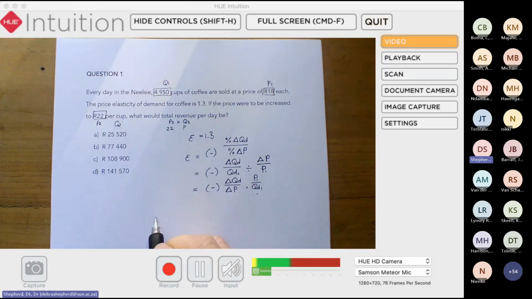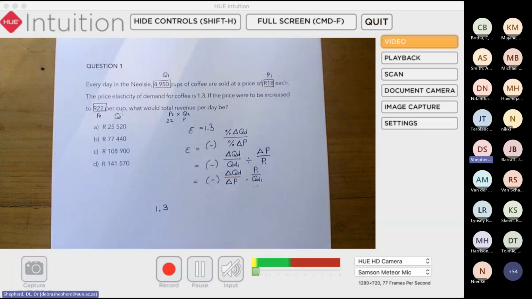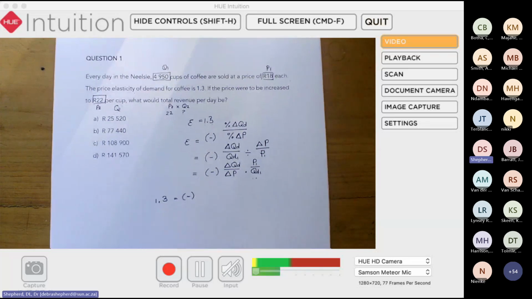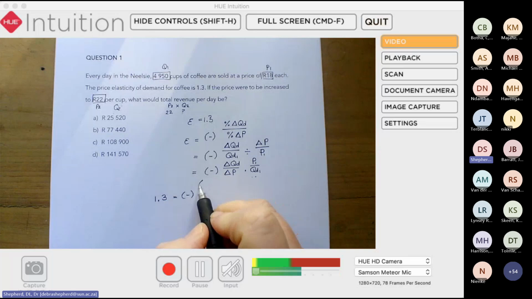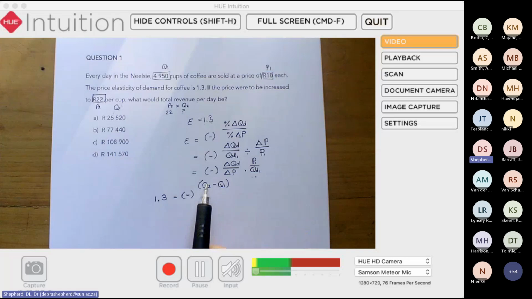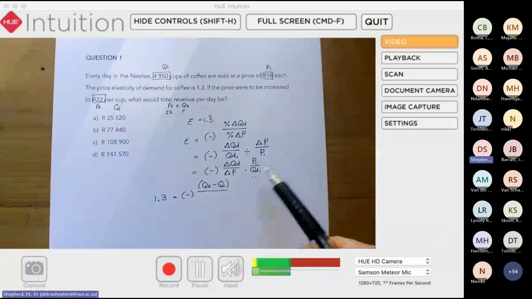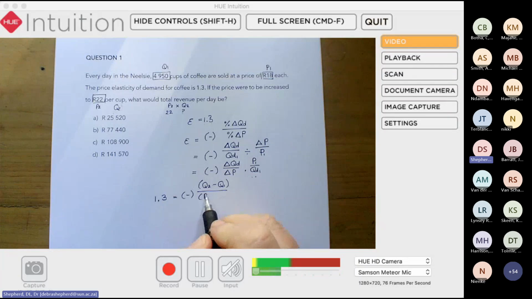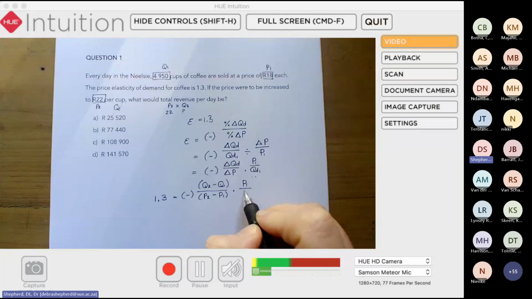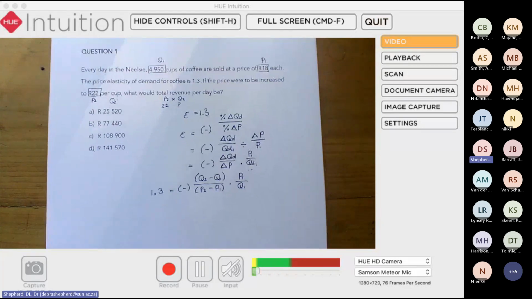So what I have is 1.3 is equal to minus the change in quantity, which is going to be quantity 2 minus quantity 1, divided by the change in price, which is the new price less the original, times the original price over the original quantity.